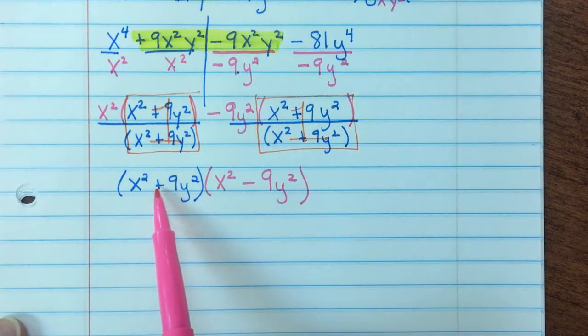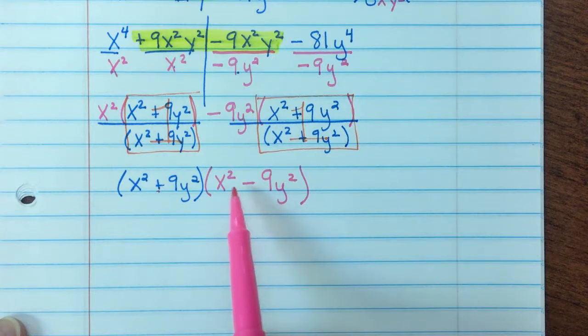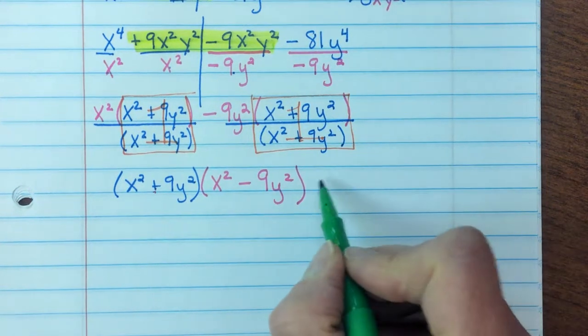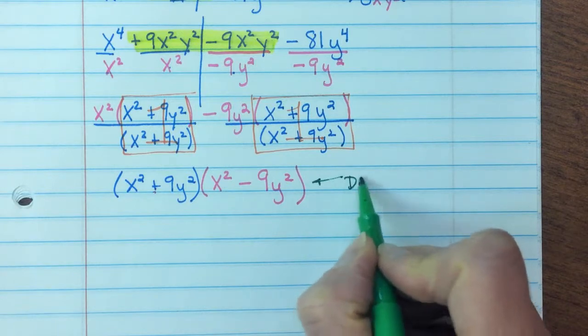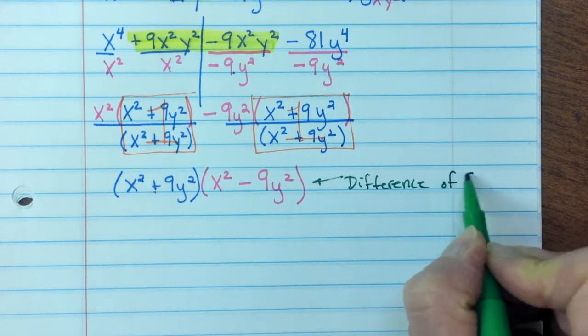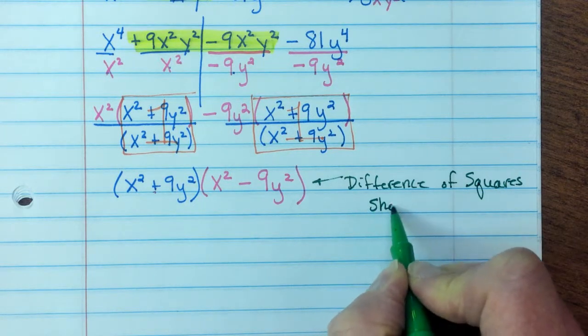This is prime because it's the sum of squares, but because this is a difference of squares, I can factor. So I can go through that whole process again, or for the sake of time, I'm going to show you the difference of squares shortcut.